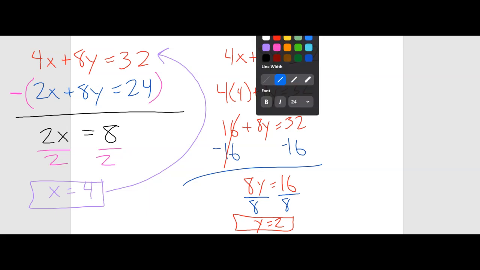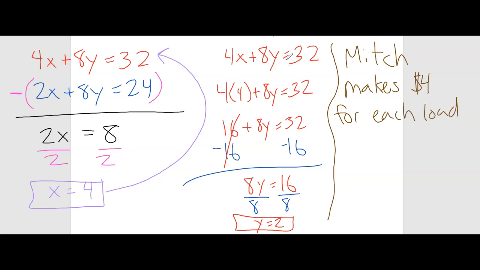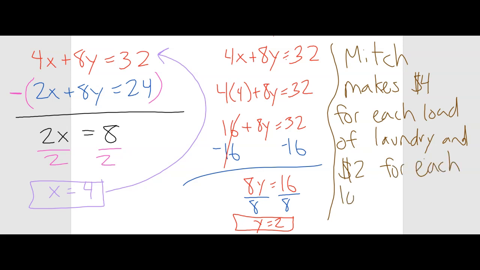So we can write a little conclusion and say Mitch makes $4 for each load of laundry and $2 for each load of dishes.